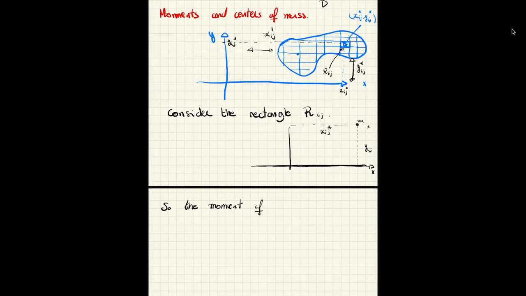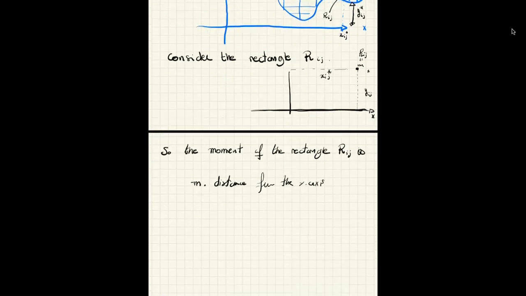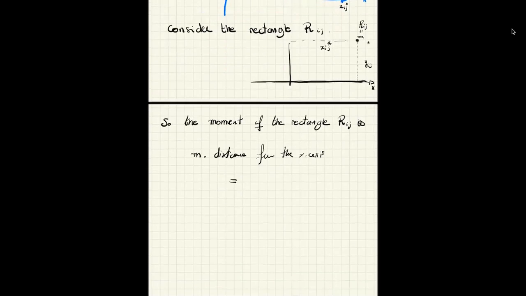So the moment of the rectangle R_ij, which has a mass m, is m times the distance from the x-axis. Now, what is the mass m?